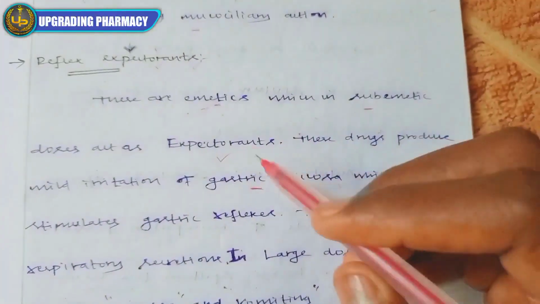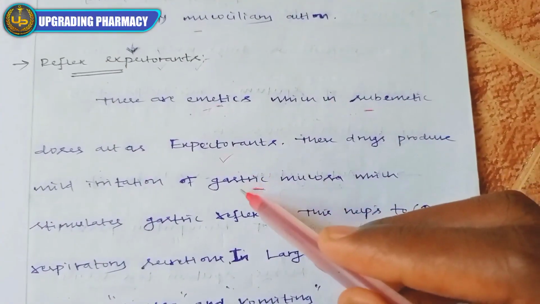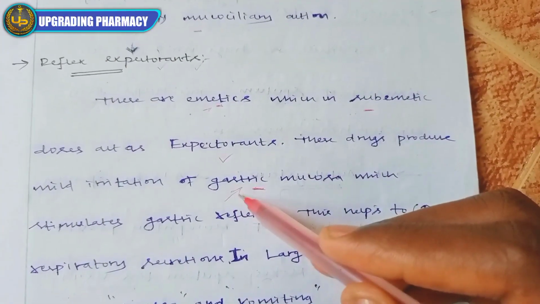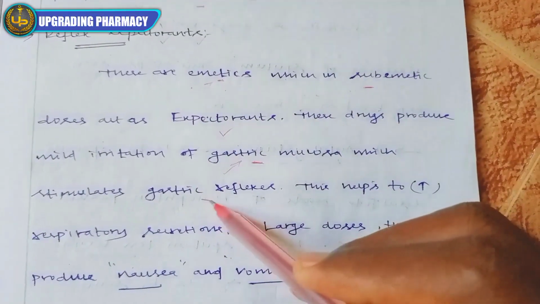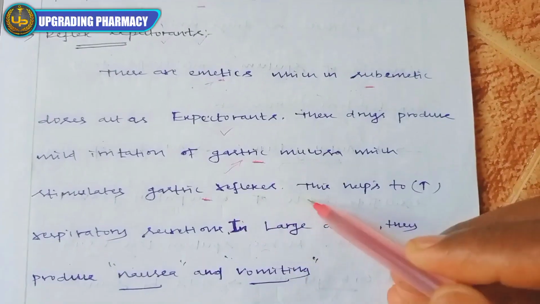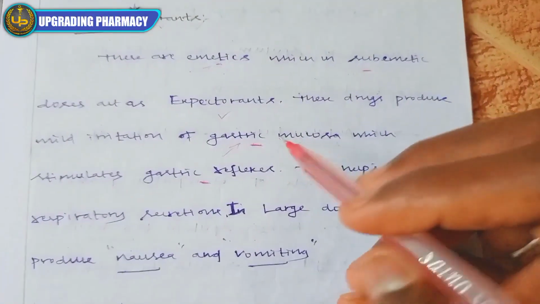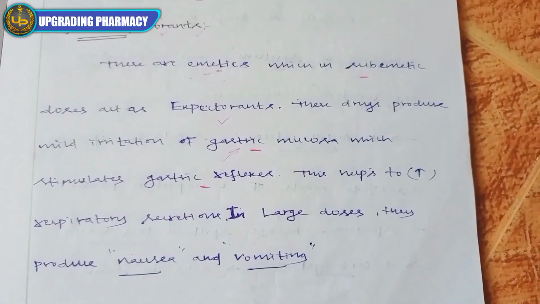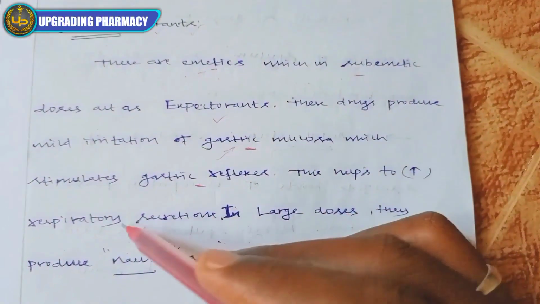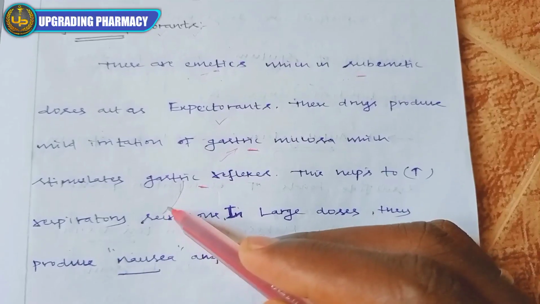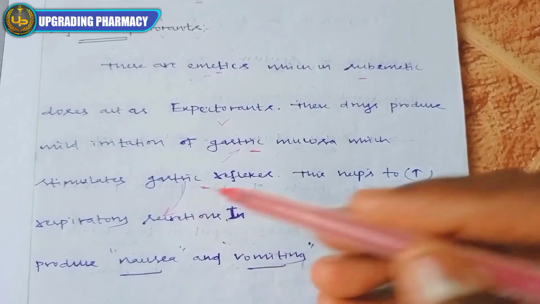At sub-emetic doses, they mildly irritate or stimulate the gastric mucosa, which stimulates a gastric reflex. This gastric reflex indirectly increases the secretions of the respiratory tract.